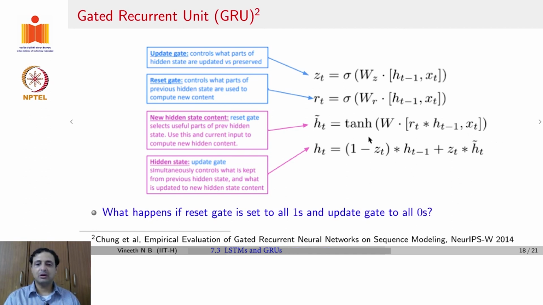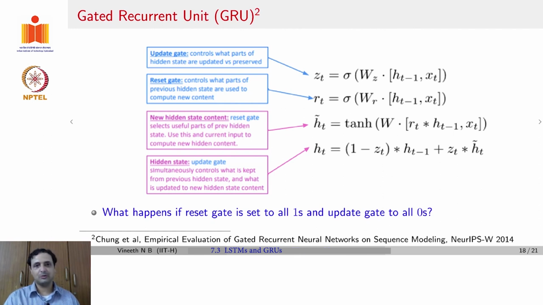And the first term would ensure you will have all ones, which means h_t will simply become h_{t-1}. The entire computation from the current time step would not be considered at all. So effectively, very similar to one of the cases we talked about with LSTMs. Here, the same state from the previous time step would be retained and there would be no influence of the current input.